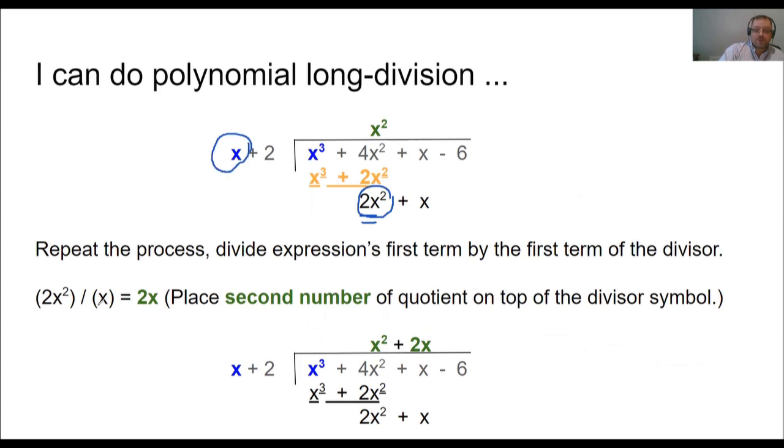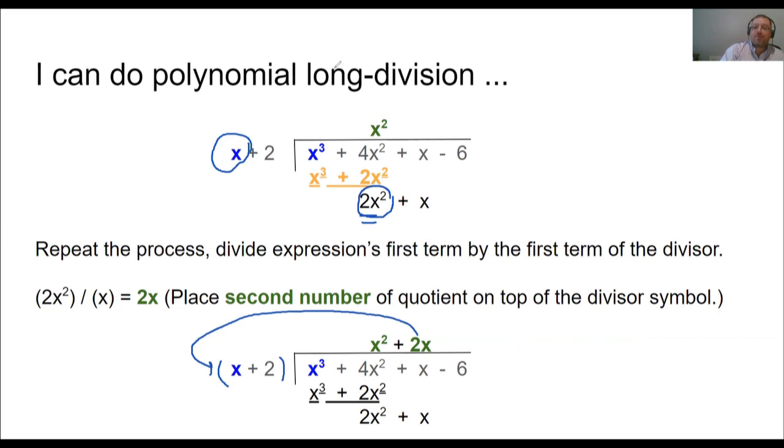So 2x squared divided by x is 2x. And I place it here. I'm just slowly moving along. And the same thing, all I am doing now is taking this 2x and multiplying it by this. I'm sorry, I just brought this down.